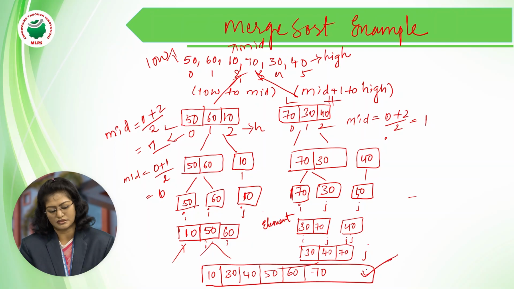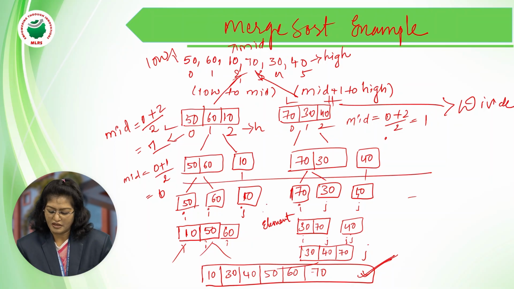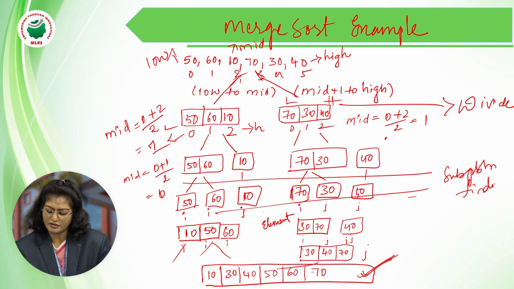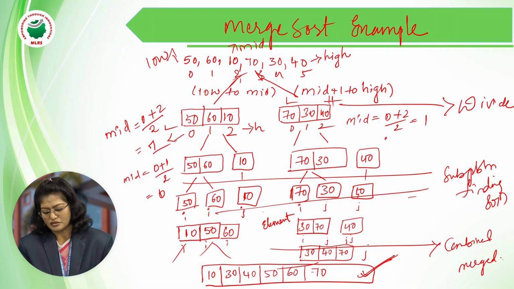And this is your answer. So we have divided here, we have made subproblems, found the solution, and we have combined, merged. So this is how the process has been done for the example.